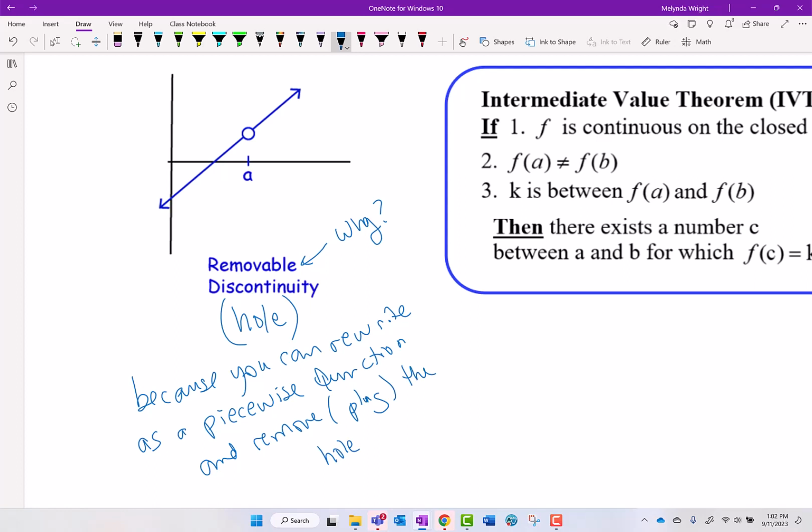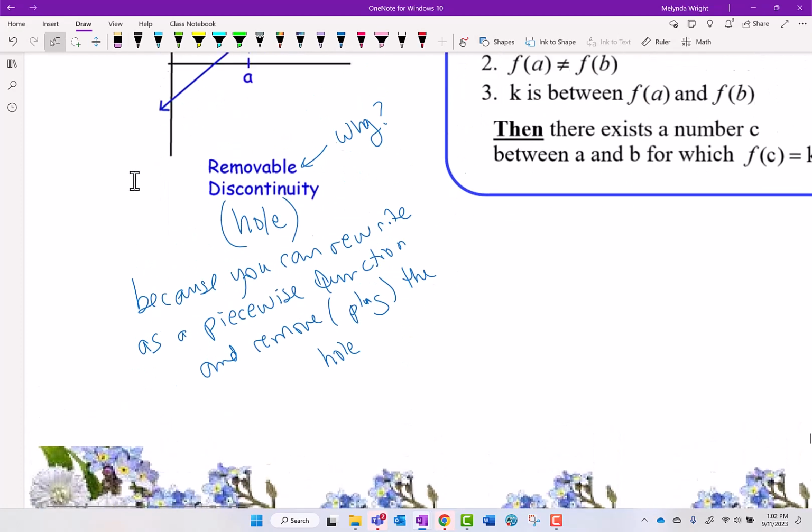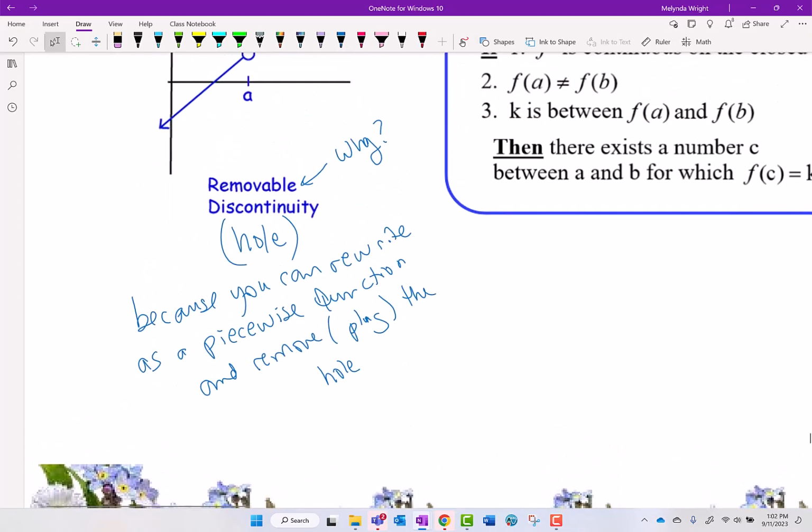So that is certainly possible. So let's talk about an example. Okay? Because I don't think I have an example where we remove the hole. So let's do an example where we remove the hole.